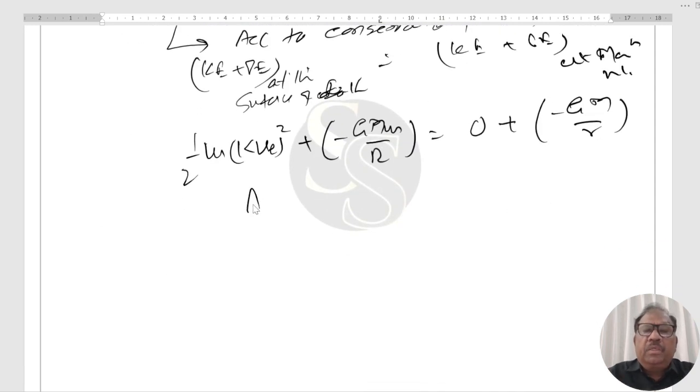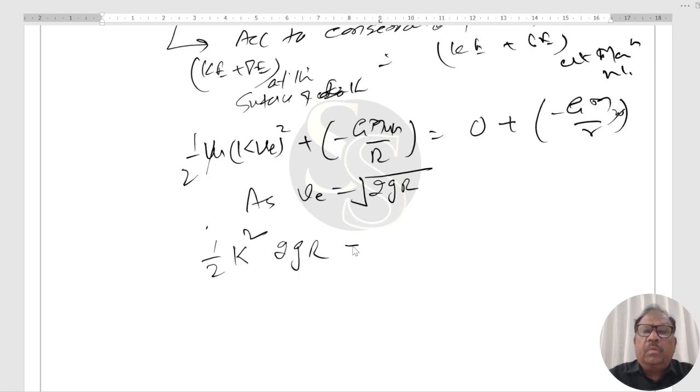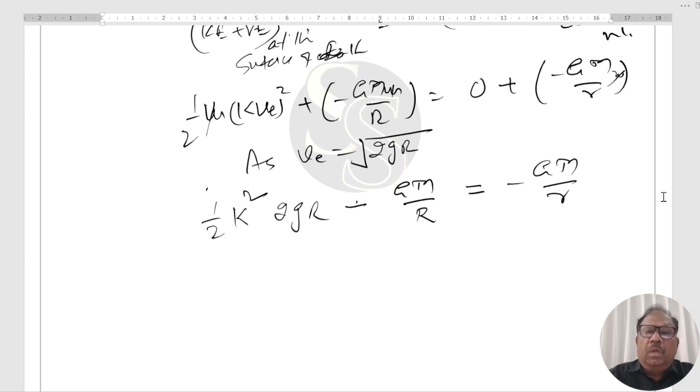Now, as Ve square equal to twice gR, substituting this, m goes. Then half k square into twice gR minus GM by R equal to minus GM by small r. Now, also we know g equal to GM by R square. So we have to eliminate this.